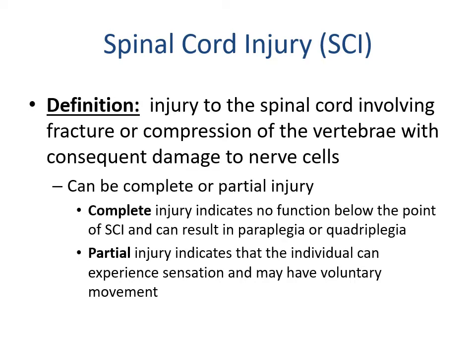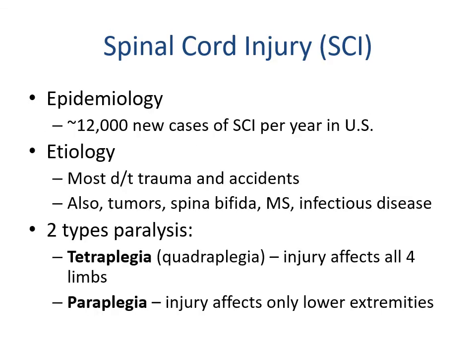Now these can be a complete or partial injury. A complete injury indicates no function below the point of the spinal cord injury and can result in paraplegia or quadriplegia. A partial injury indicates the individual can experience sensation and may have voluntary movement, but they may have numbness, tingling, or weakness depending on the compression, how long the spinal cord was compressed or damaged, etc. Epidemiology: there are approximately 12,000 new cases of spinal cord injury per year in the US.